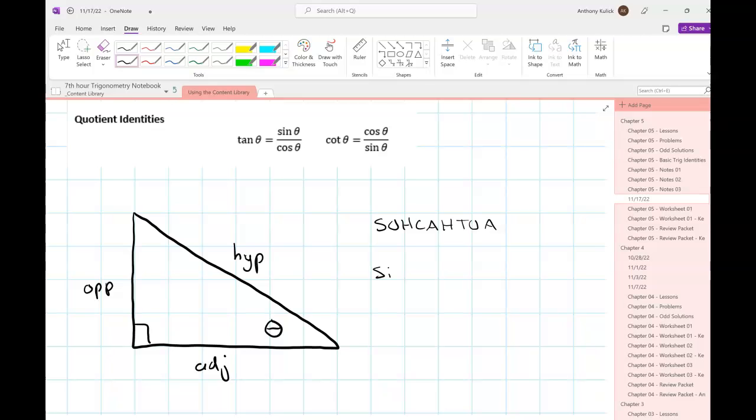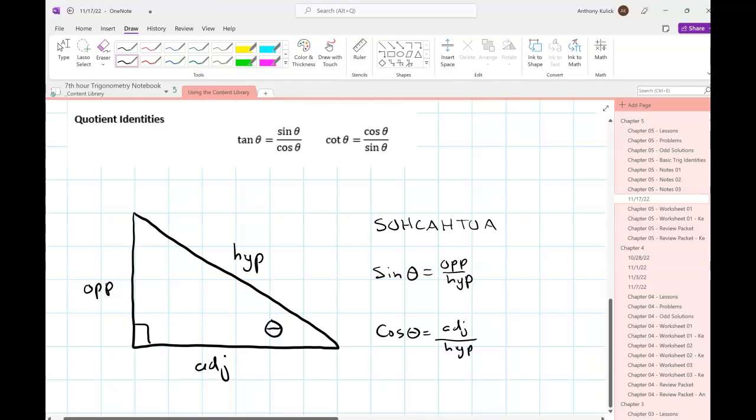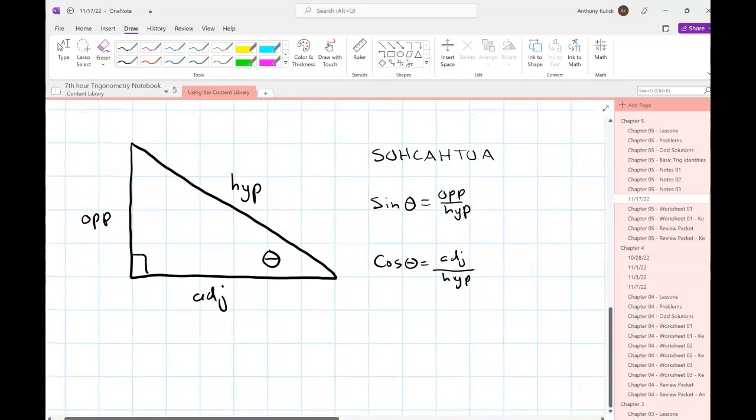Using SOHCAHTOA, we'd say that sine theta would be opposite over hypotenuse, and cosine theta would be adjacent over hypotenuse. This is just like way back in chapter 2, restating some stuff. Well, let's see what happens when we talk about sine squared theta plus cosine squared theta.